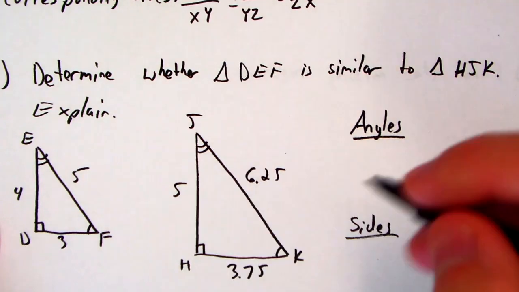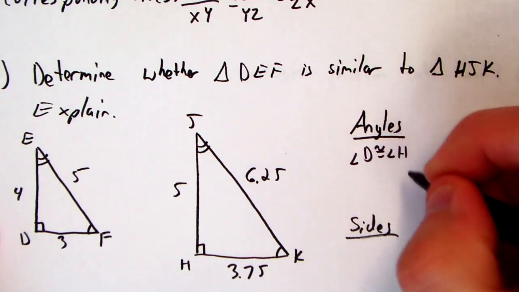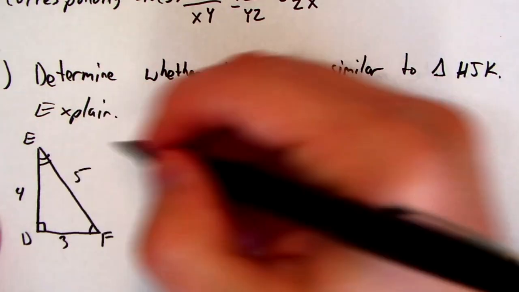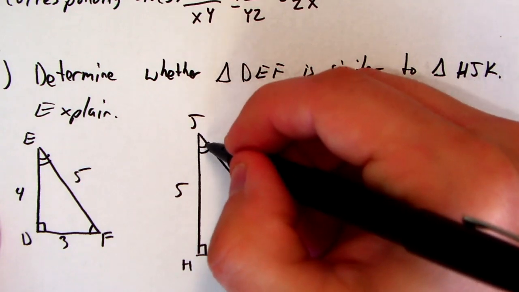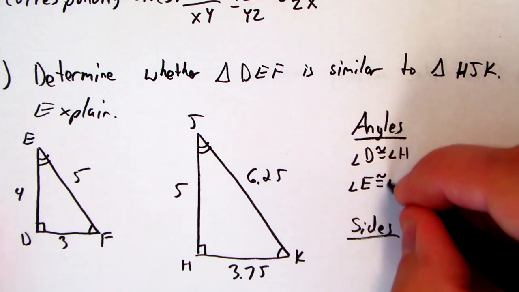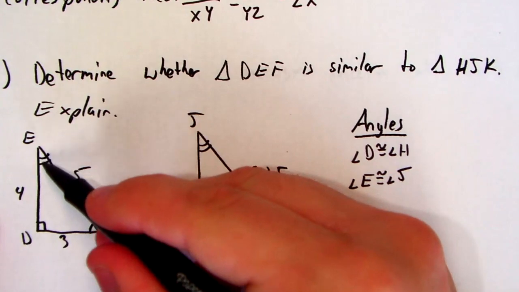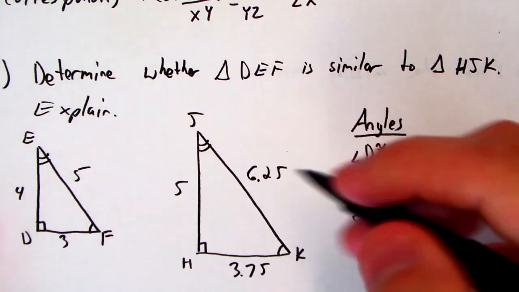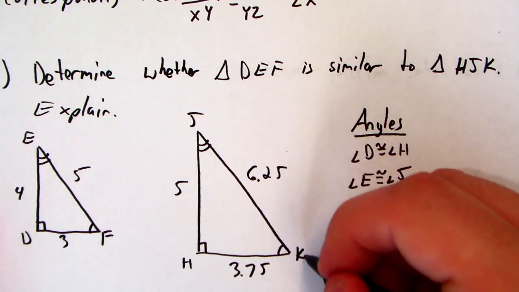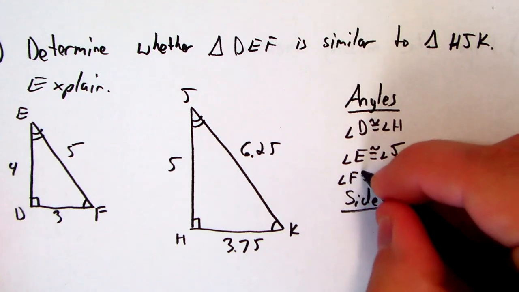So we'd say that angle D is congruent to angle H. E up here has 2 marks, so does J, which means we'll say that angle E is congruent to angle J. We don't even need to know what those angles are, as long as we know that they have the same number of lines. And then the last set would be F, which has 1, and K, which has 1. So you'd say that angle F is congruent to angle K.